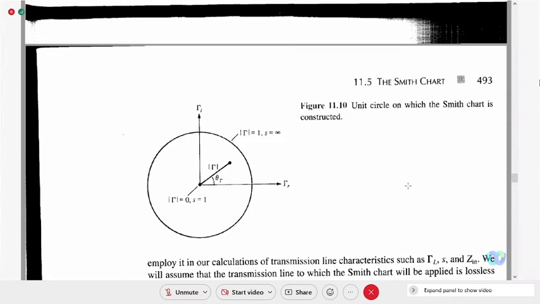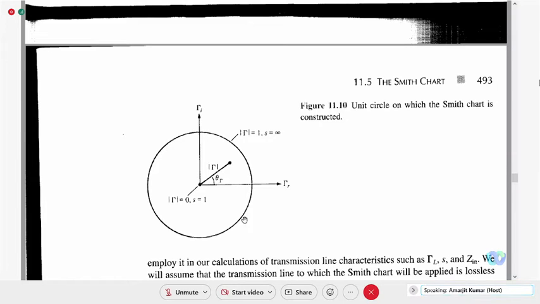Okay. And here what we are seeing is the angle of the reflection. In polar form we have magnitude and angle of the reflection. So this theta gamma is the angle from the real part of the reflection coefficient.